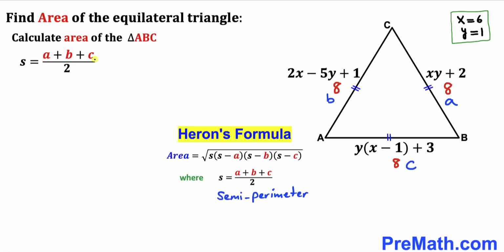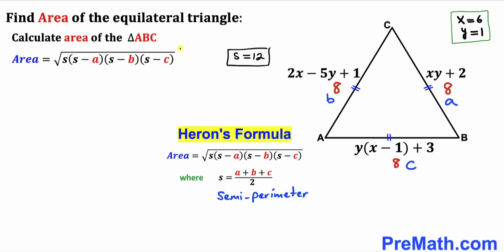And now let's calculate the value of s by plugging in this a, b, and c value in this formula. So we get s equals, our a value is 8, b value is 8, and c value is 8, all over 2. So s turns out to be 24 divided by 2, or simply s equals 12.